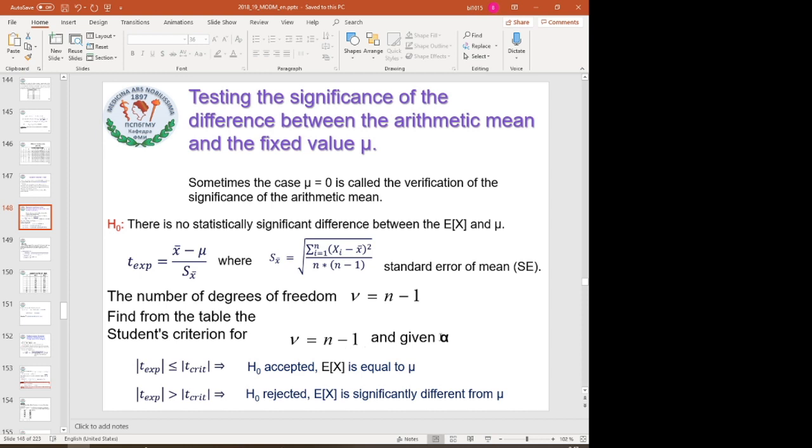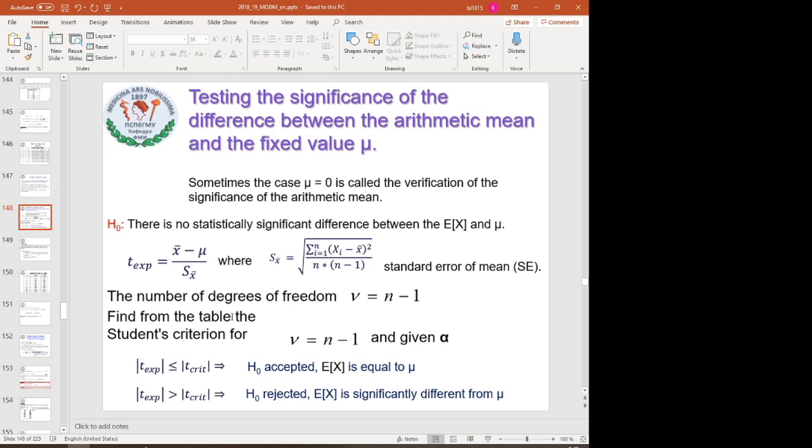So for given alpha, the significance level for our small samples in practice it will be always 0.05. We compare our experimental value with the critical one, and if this difference over standard error is not too big, then we accept our hypothesis that the difference between expectation and fixed value is not significant.